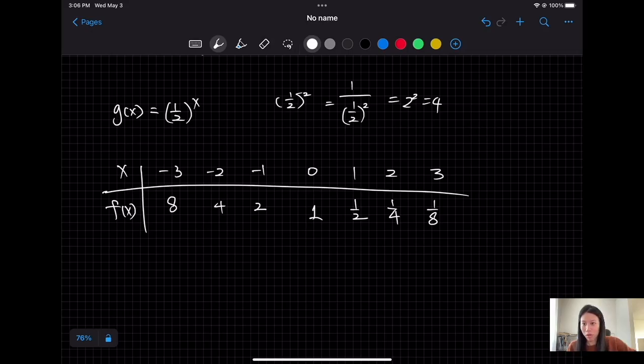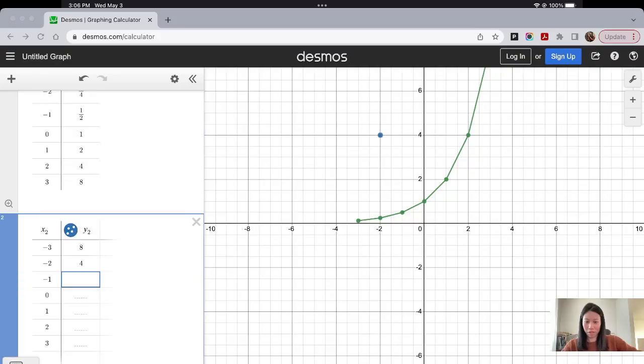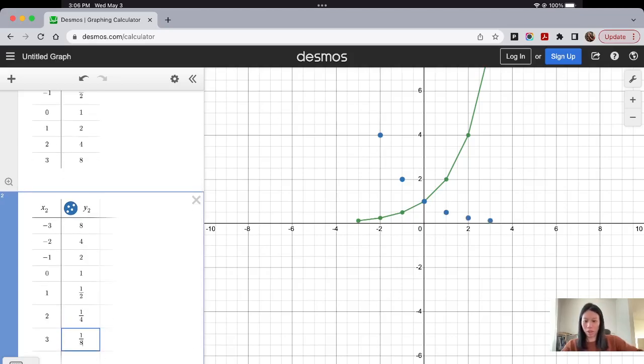I am going to type in the points: 8, 4, 2, 1, 1/2, 1/4, and 1/8.